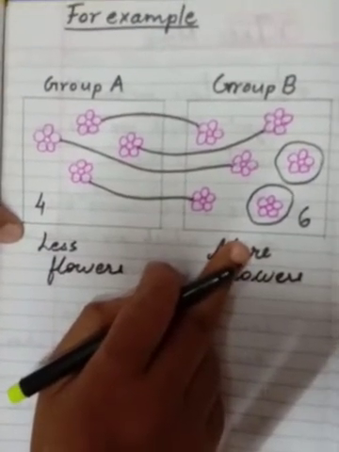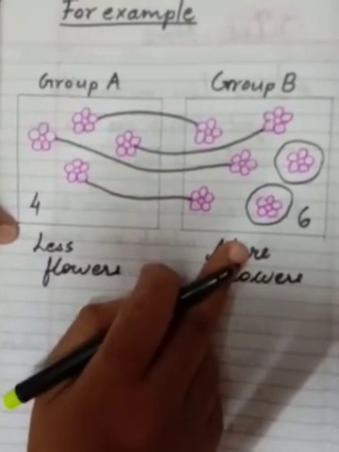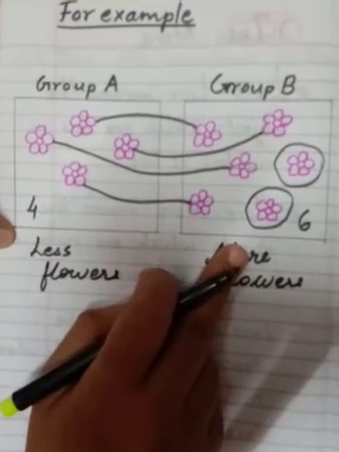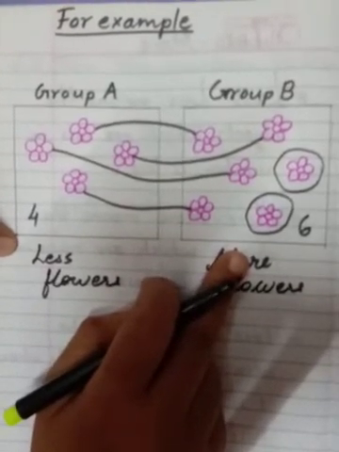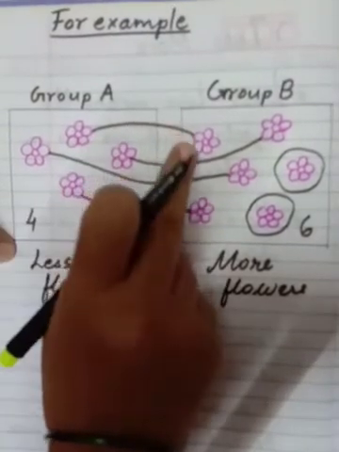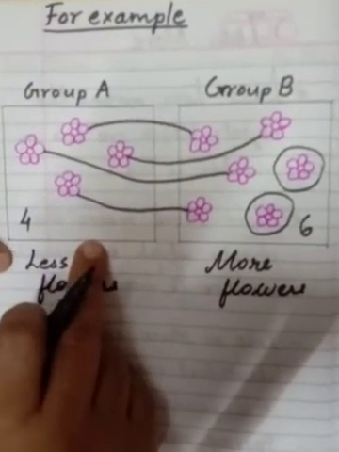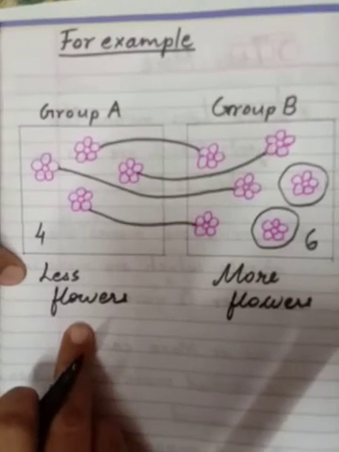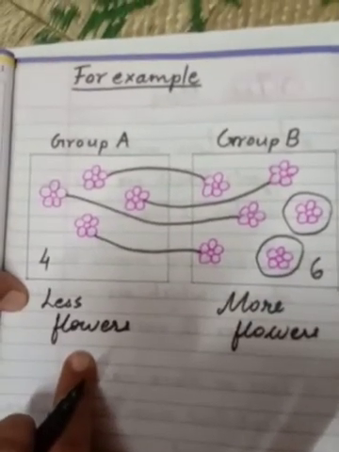So by counting also, and by pairing also, we come to know which group's flowers are less and which group's flowers are more.